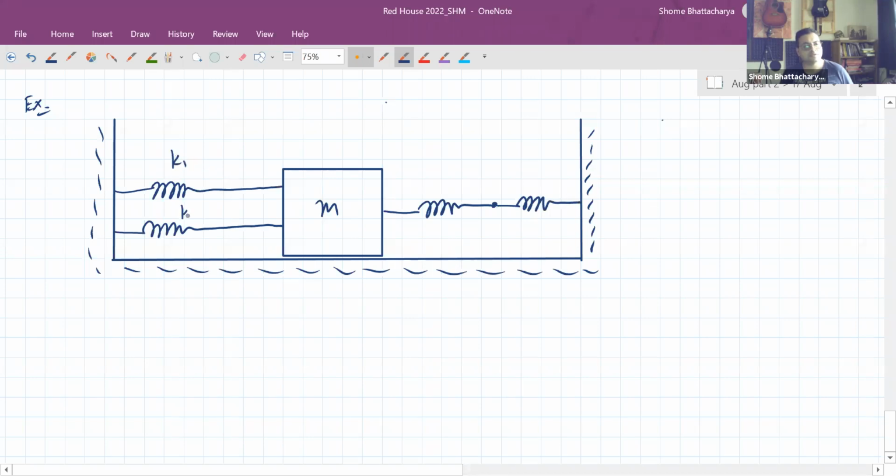These all have given constants. At the given position, all springs are at their natural length.